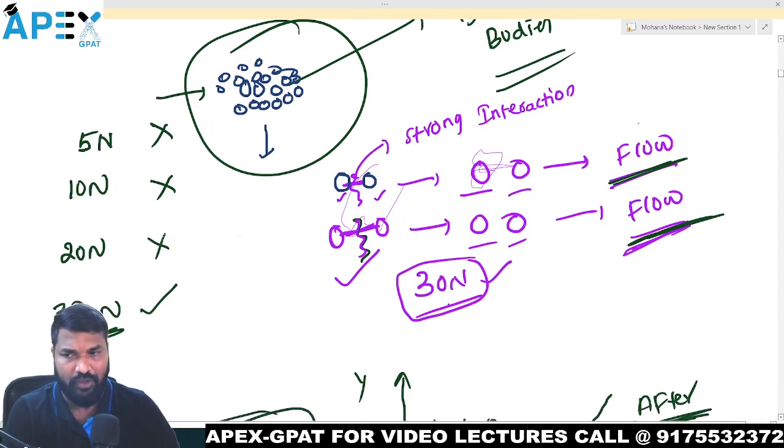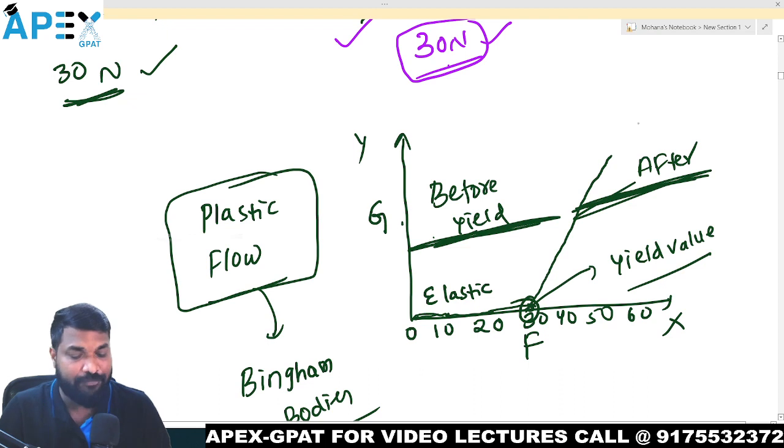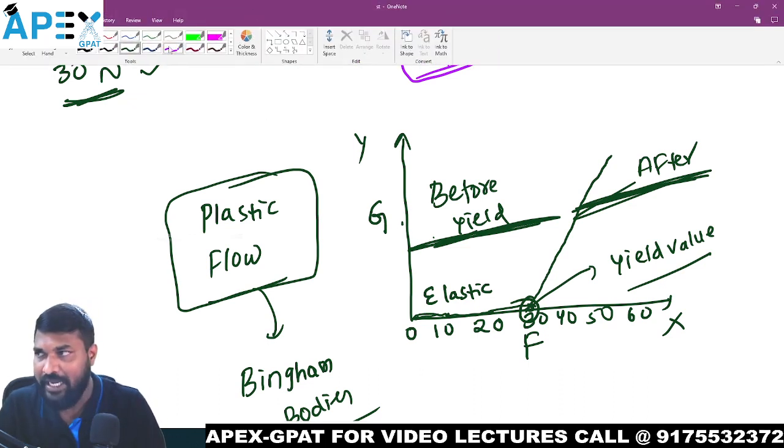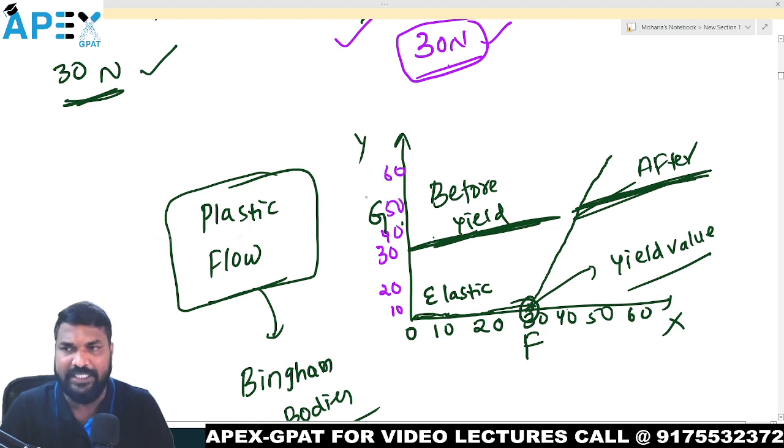But did you observe one important thing after the yield value? Look carefully at the graph after the yield value. Here are 10, 20, 30, 40, 50, 60. I applied 30, the flow is 30.